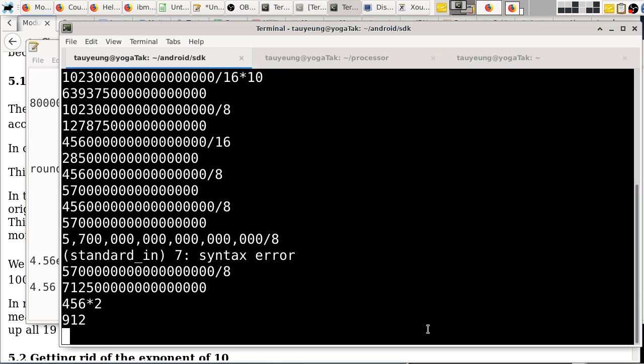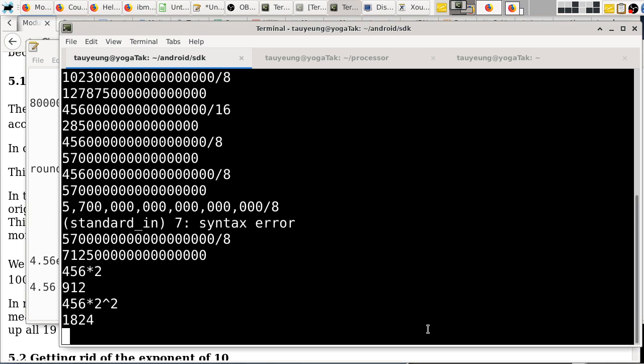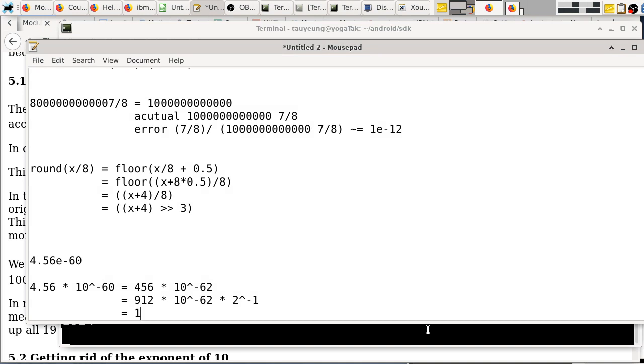Okay, so we now say, there's got to be a better way to do this. So times 2 to the power of 2, which is 4. You can do it. Okay, so we got 1824. So you can see that we are not doing a single thing about the exponent of 10.